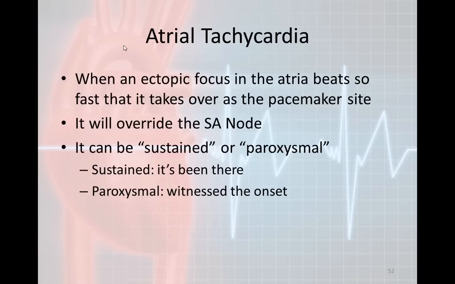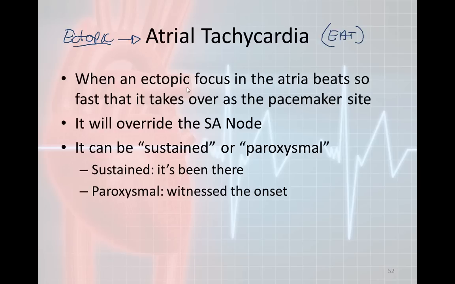A lot of times this is also called an ectopic atrial tachycardia, also EAT, which just looks weird. But it's an ectopic atrial tachycardia because the atrial tachycardia usually means that it is an ectopic focus that is causing the atrial tachycardia. It is not coming from the SA node. It is usually coming from an ectopic focus somewhere in the atria outside of the SA node.